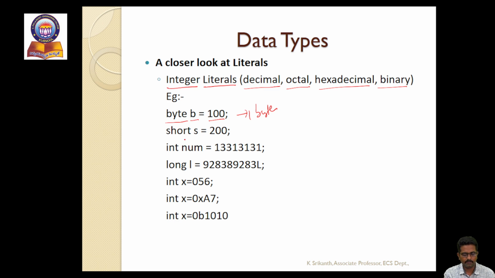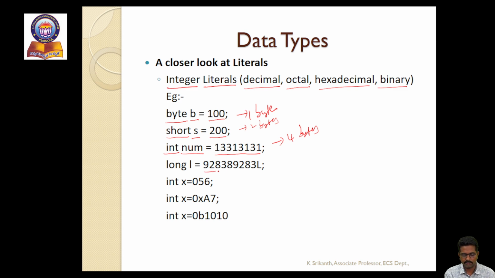We have one more example. The primitive data type is short, the variable is s, and the value is 200. No issues, we can store 200 in a variable called s, which is of type short, which needs 2 bytes of memory to store the value 200. One more example, where the value is 133133131, stored in a variable called num, which is of type int, which needs 4 bytes of space, that is 32 bits.